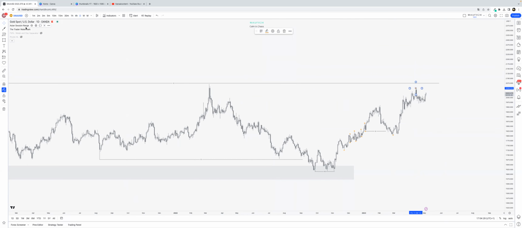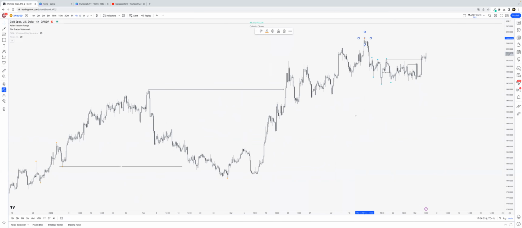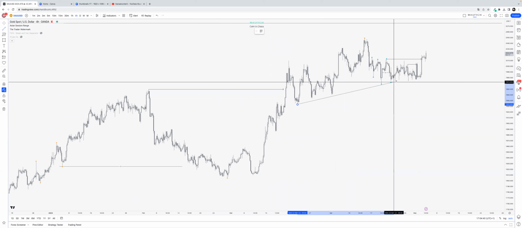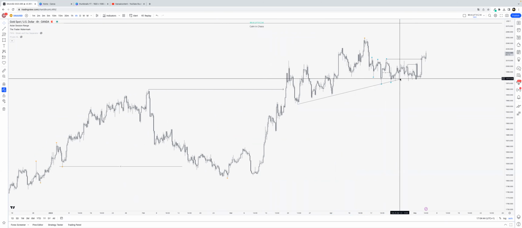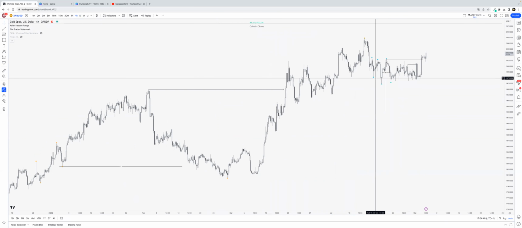Got that range expanding. So if we go to the 4 hour again, we can see that we were building up liquidity over here. Look at this trend line. But far more important, why is this here? We got a high and low.